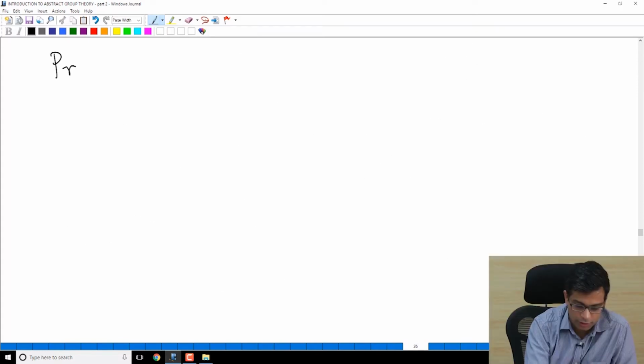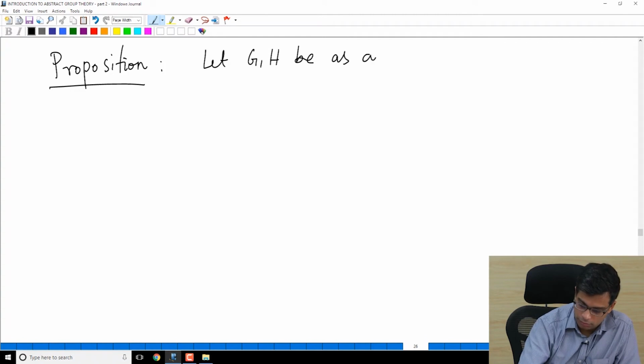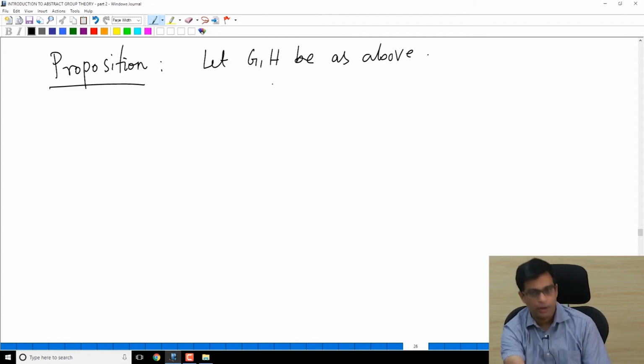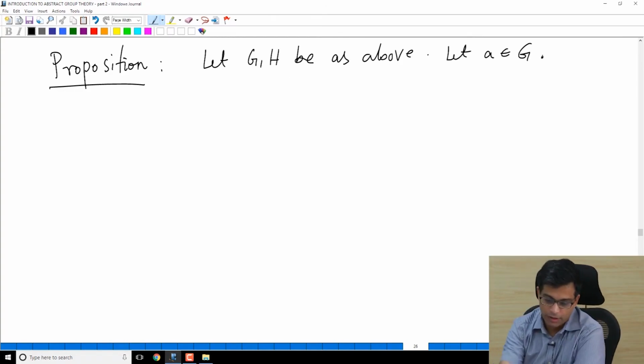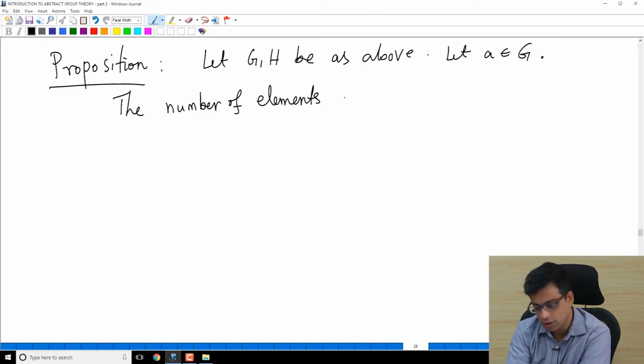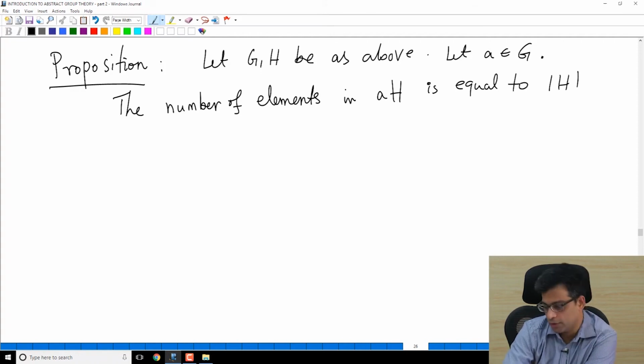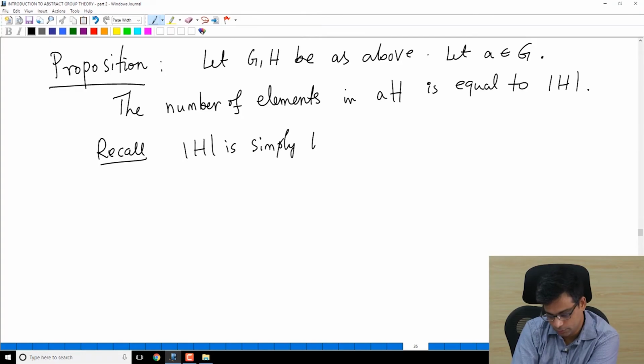Now let me prove an important proposition. Fix G and H, by which I mean G is an arbitrary group and H is a subgroup of G, and let a be in G. Then the proposition says the number of elements in the left coset aH is equal to the order of H. Recall, the order of a group is simply the number of elements.